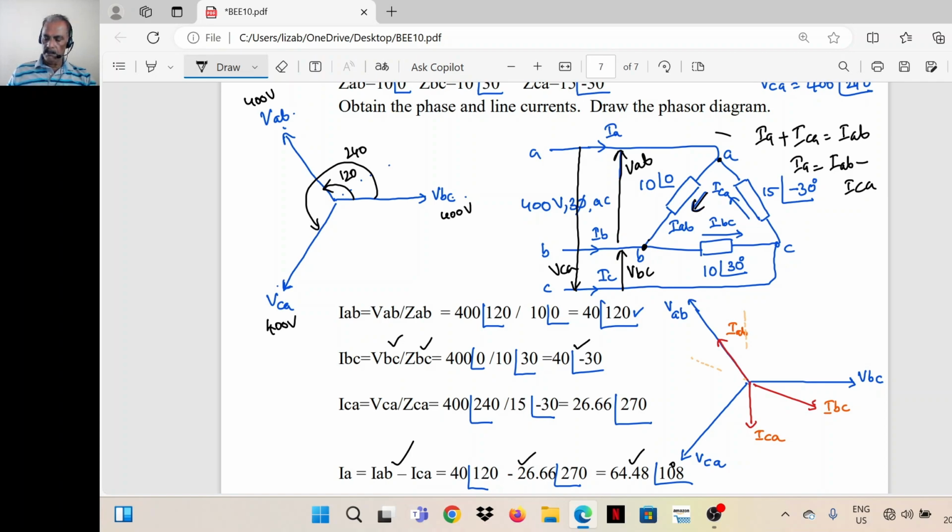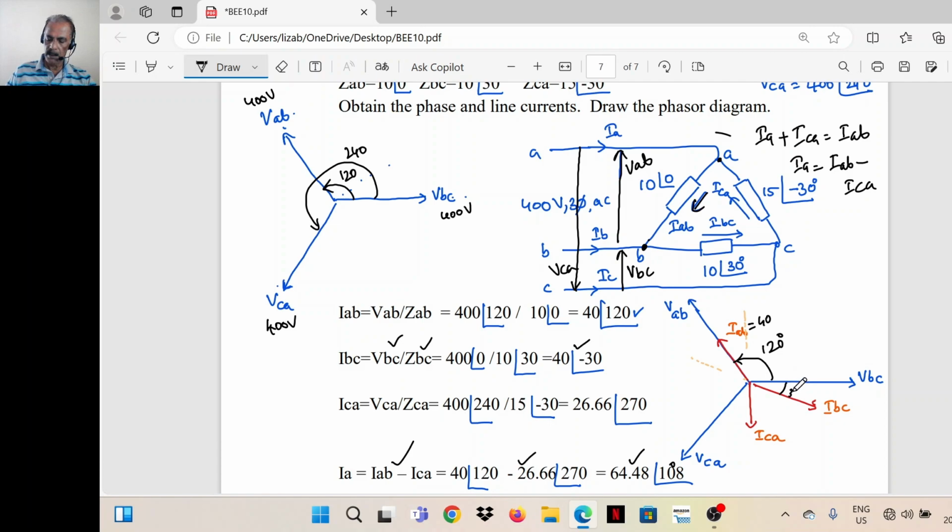Now, the phasor diagram. We have taken VBC, VAB, and VCA. Now the phase currents will be marked. IAB is 40 angle 120, so this is 40 angle 120. IBC is 40 angle minus 30.